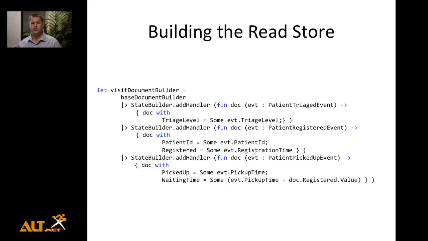So you can build composite documents or documents that link related things. This is an example of updating the visit document, but you might also want to update the patient document to say the patient's at the hospital now. The patient document can also capture the patient registered event and say they're already in the hospital now, and maybe the discharge event to say they're not in hospital anymore.